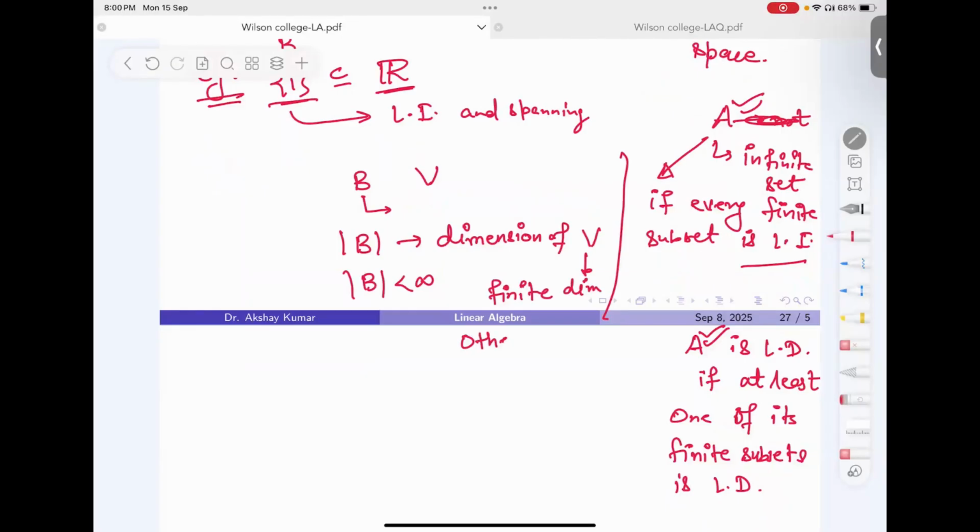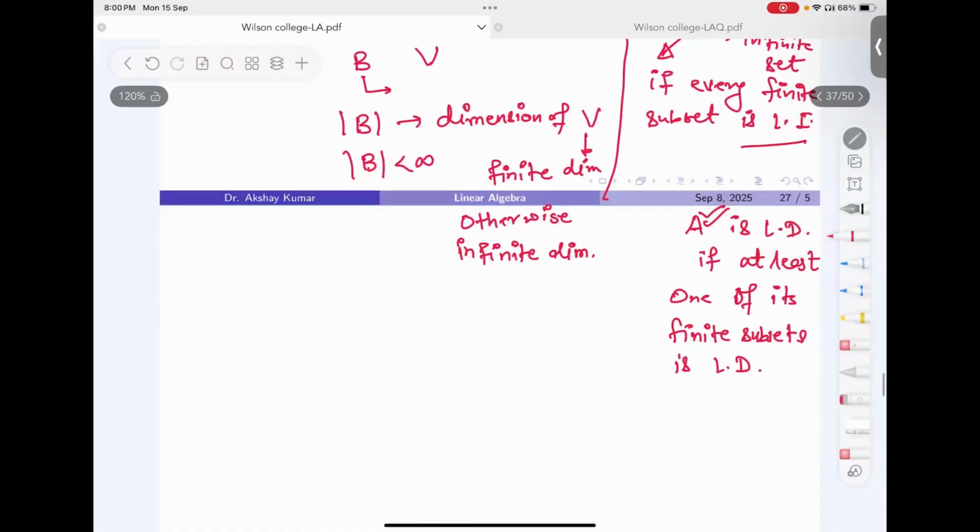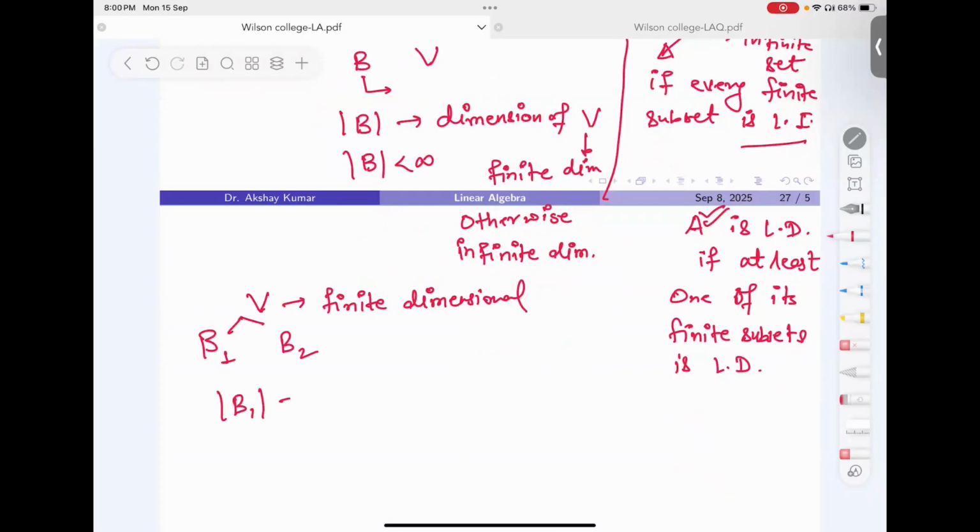Otherwise, it is called infinite dimensional. And suppose V is finite dimensional. If B1 and B2 are any two bases for V, then the cardinality of B1 will always be equal to the cardinality of B2, and that will be equal to the dimension of V. That's why we are calling it the dimension. It is always unique.